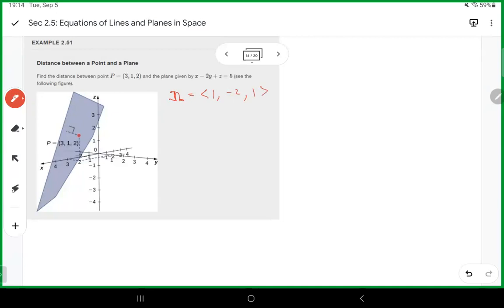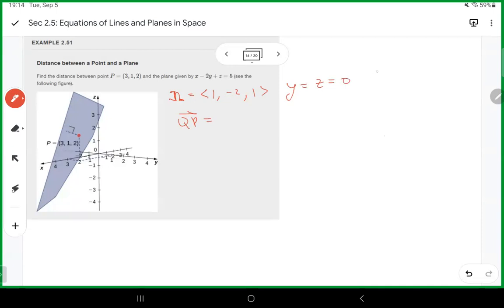To find vector QP, we need a point in the plane. Any point will work. So we can set y equal to z equal to 0.